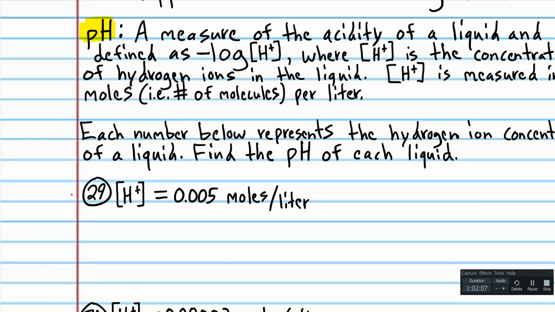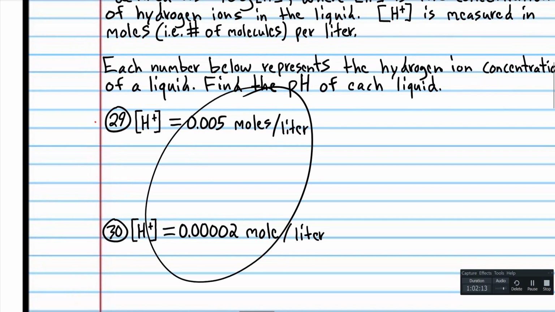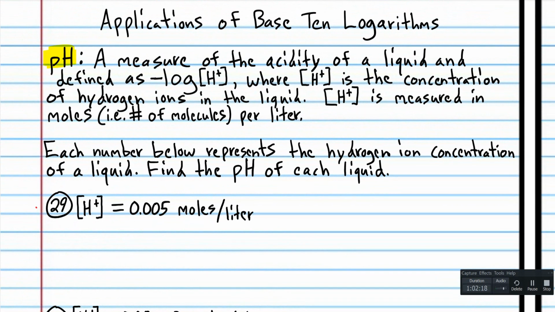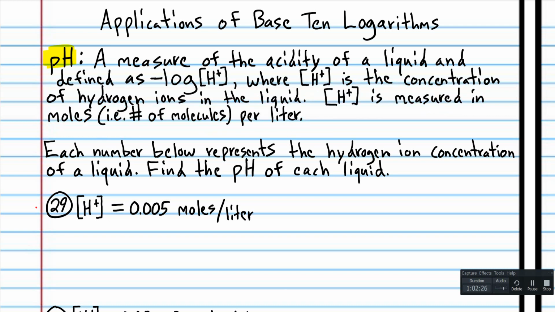The problem is hydrogen ion concentration is measured in numbers that are fairly small. And notice here it says hydrogen ion concentration is measured in moles per liter. Now, what is a mole? Well, there are so many trillions and trillions of these molecules that we use a special number called a mole, which makes it easier for us to calculate.